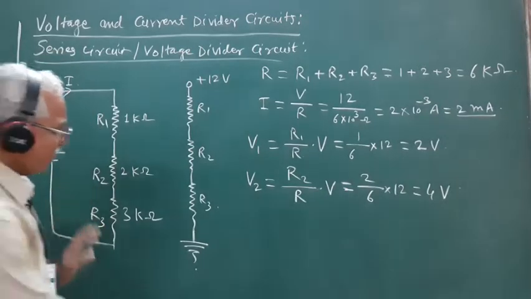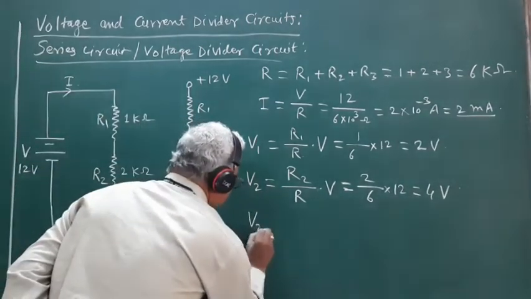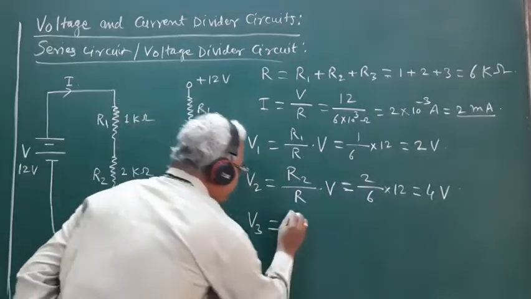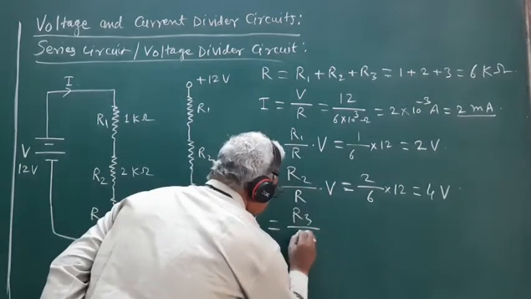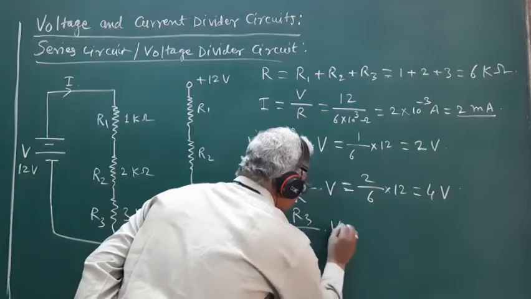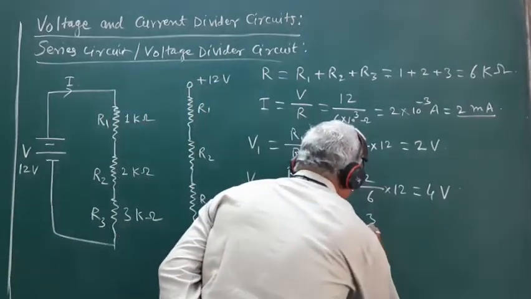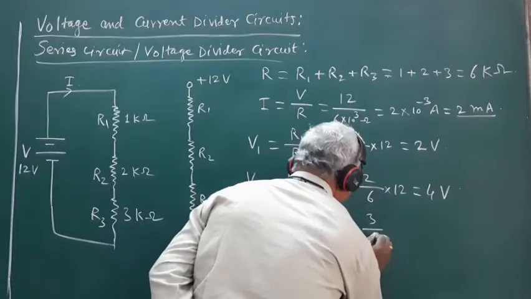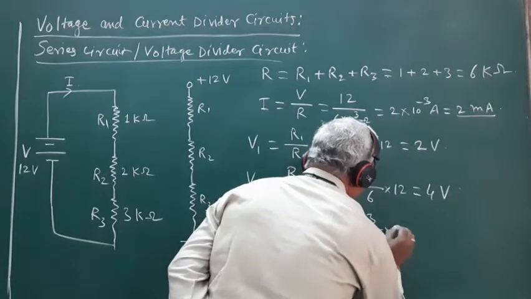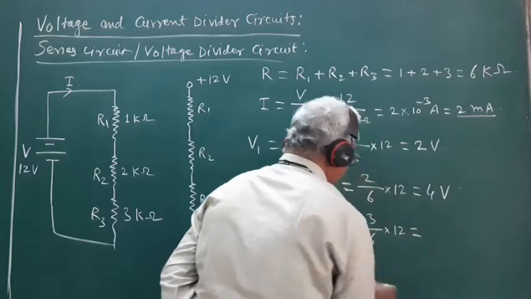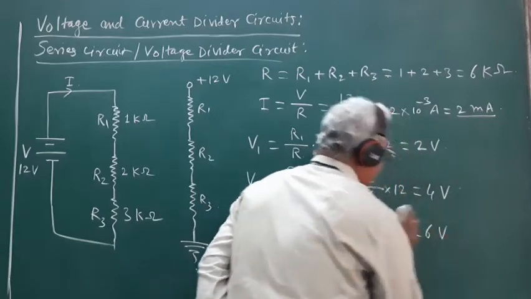And the potential drop across R3, say V3, will be equal to R3 upon R multiplied by V. So this is equal to R3, 3 kilo ohm, divided by 6 into 12. So this is equal to 6 volt.